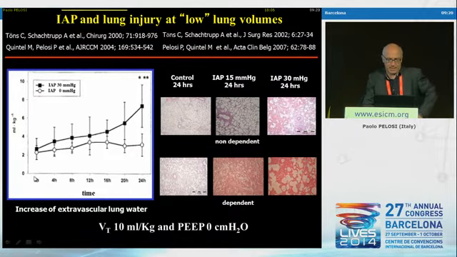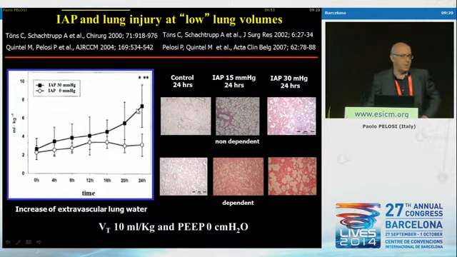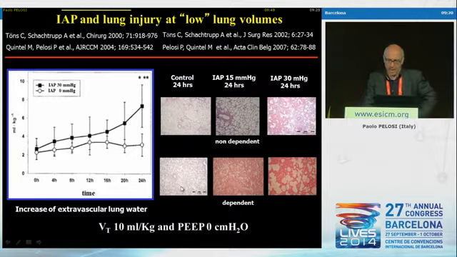This is a study showing, with time and in two groups of animals, normal animals with very high intra-abdominal pressure and lower intra-abdominal pressure, that with time there is an increase in extravascular lung water, which means that we are developing ventilator-induced lung injury. And these are histological images at 24 hours in control, in non-dependent and dependent regions, at 24 hours with 15 millimeters of mercury or 30 millimeters of mercury of intra-abdominal pressure.